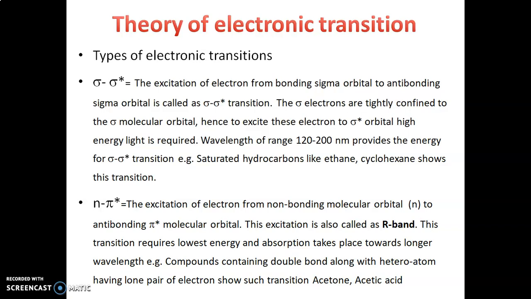Now we will take first the sigma to sigma star electronic transition. When electrons get excited from sigma bonding orbital to the sigma star antibonding orbital, the transition will be called a sigma to sigma star transition.